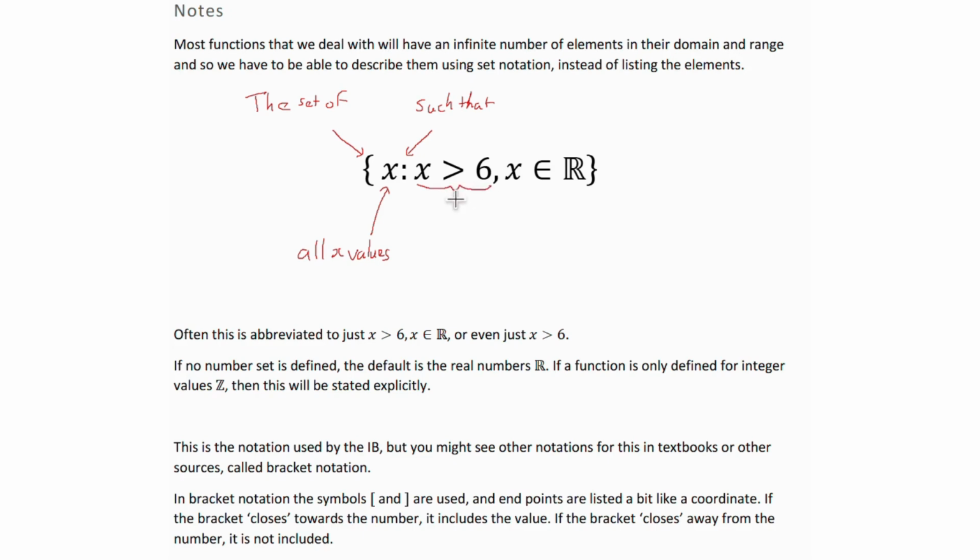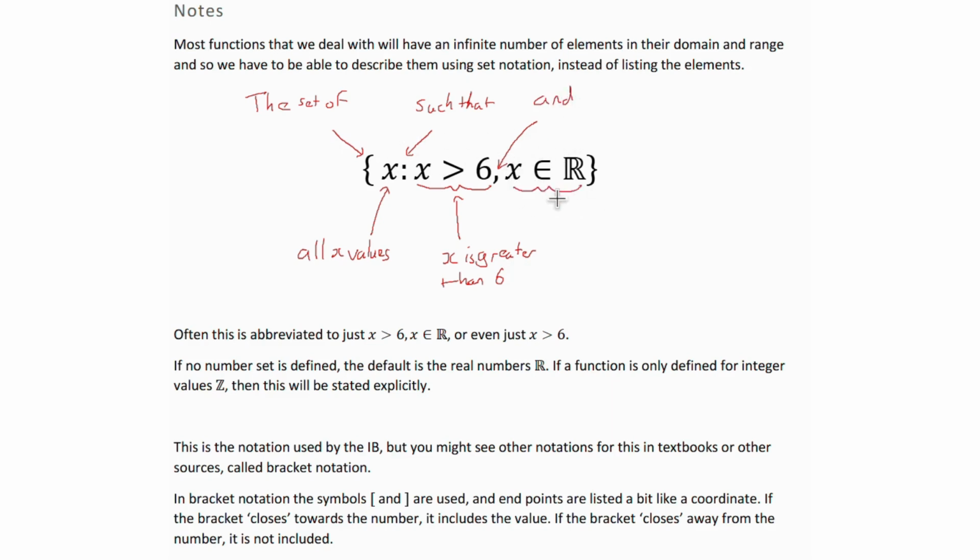Now we have this inequality part. The inequality is as it is here, as we know what that means: x is greater than 6. We use a comma to mean "and," to split up different criteria for these values of x.